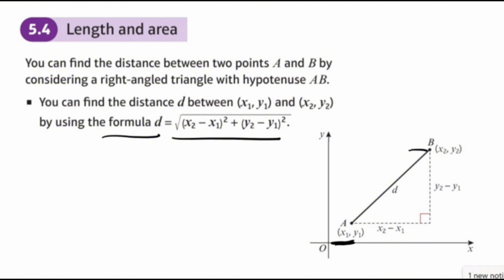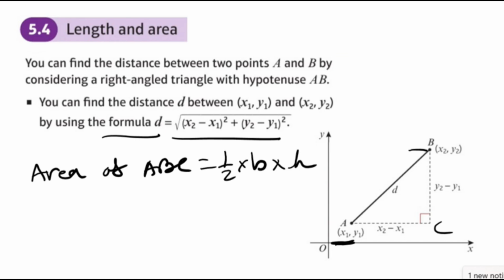Now, suppose you want to find the area of this triangle. Imagine this line is the hypotenuse of a right angle triangle. To find the area of triangle ABC, C is not given, but you can take it as ABC. This is equal to half times base times height.